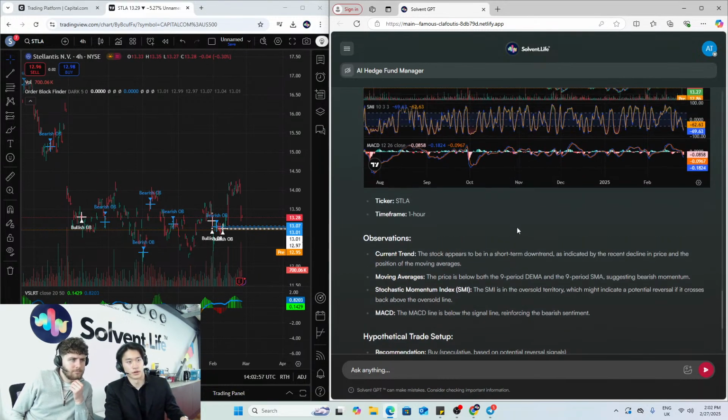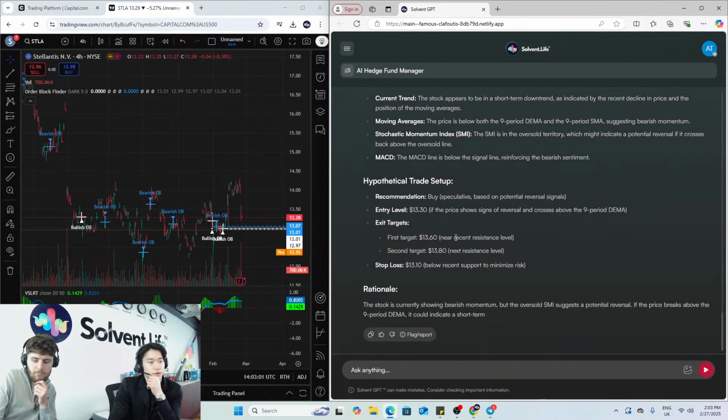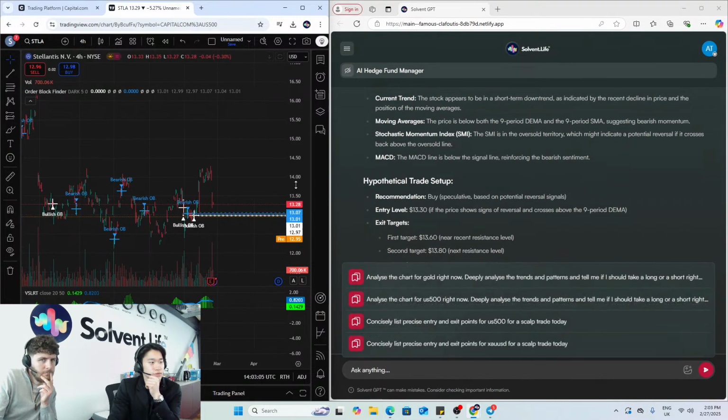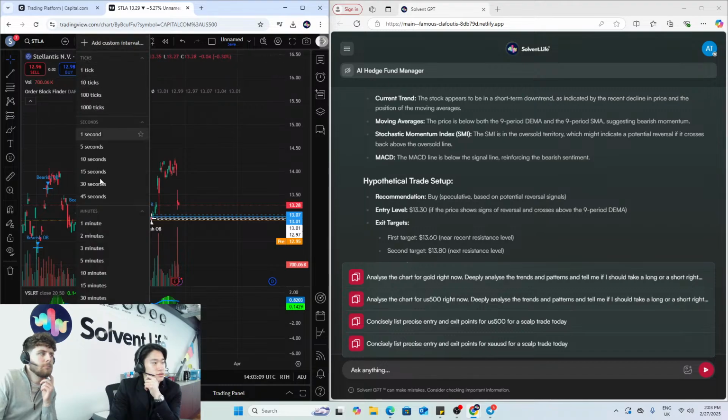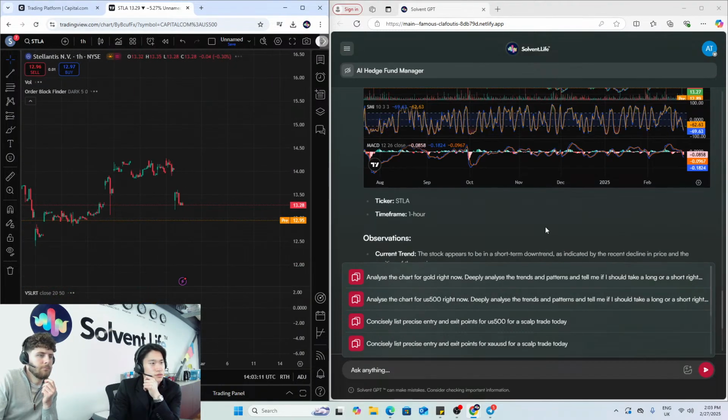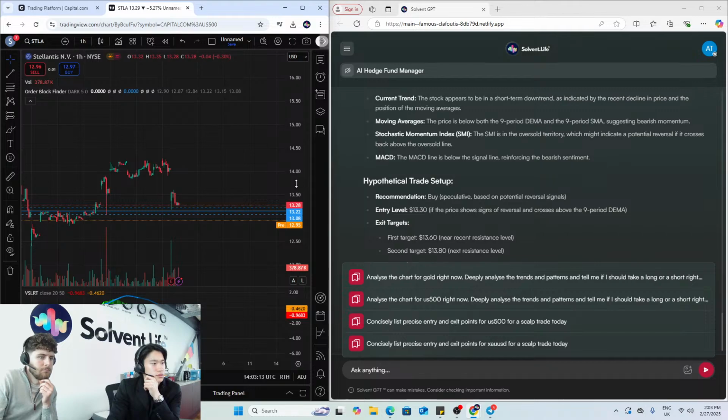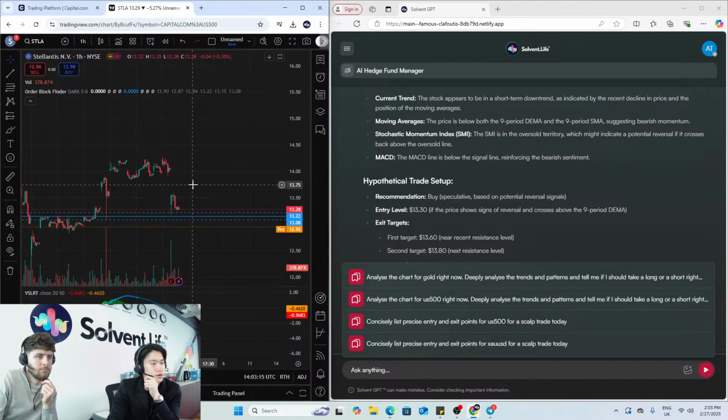Let's just see. Okay, 1 hour time frame. And what it says, buy. There are reversal signals occurring. So 13.30.